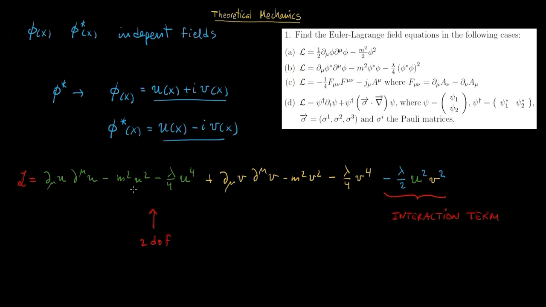So you can follow this way of thinking, performing the functional derivative of the action with respect to u of y and making it equal to 0, and calculating the functional derivative of S with respect to v of y and making it 0. And then you will have the equations of motion, and then you can isolate u and v to express u and v as a function of phi and phi star. But this is a complicated way to do it, but we can do the same if we treat them as independent fields. So let's do it.